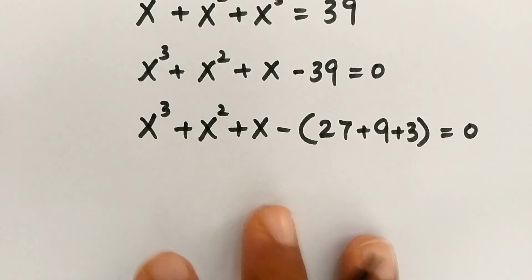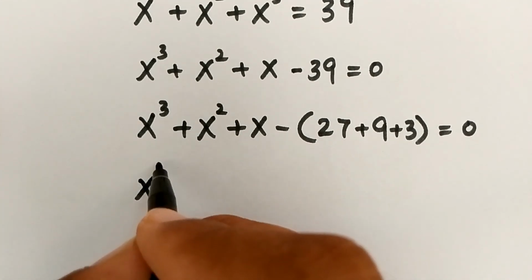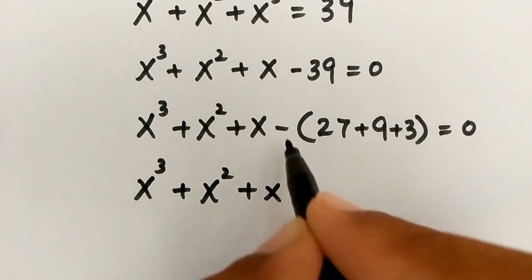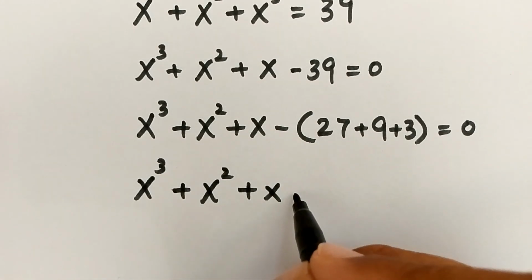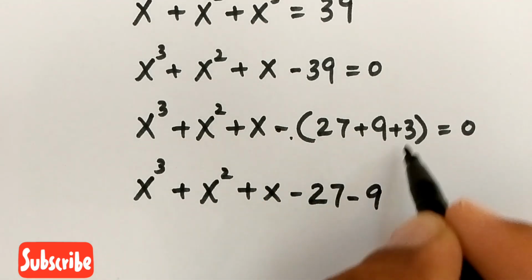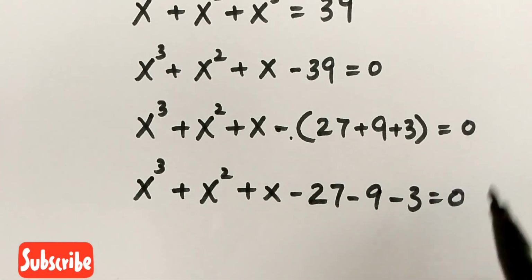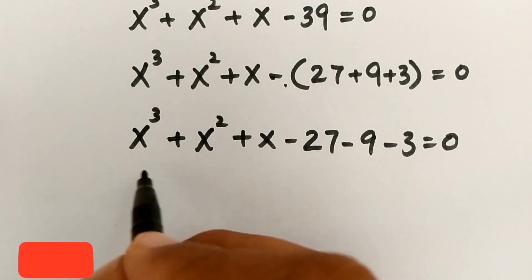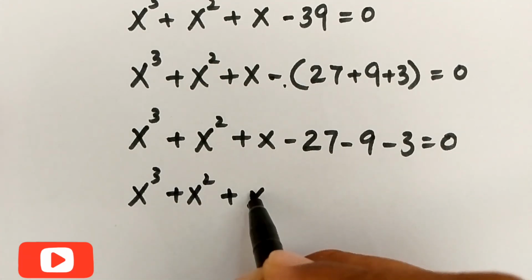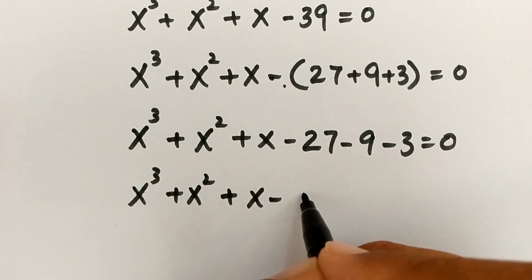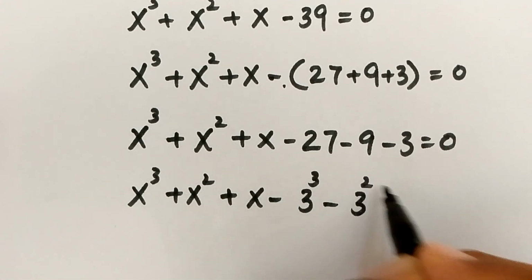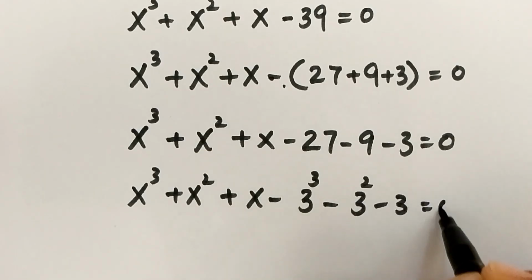Now x to the power of 3 plus x square plus x, and minus 27, minus 9, and minus 3 is equal to 0. Now x to the power of 3 plus x square plus x minus this 27 is also equal to 3 to the power of 3, minus this 9 is equal to 3 square, and minus 3, which is equal to 0.